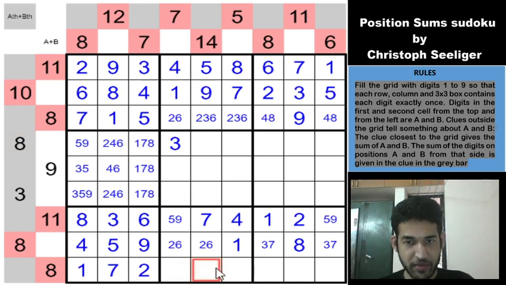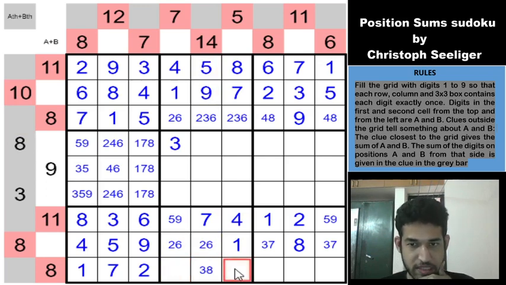Maybe let's write some candidates here. 1, 4, 7, 2, 6. Remaining candidates 3, 5, 8, 9, but you can't have 5, 9 here. So this is 3, 8. And both of these cells will be 3, 5, 8, 9. Okay, I think we need to focus here only, guys, because there doesn't seem to be anything in the classic part here.